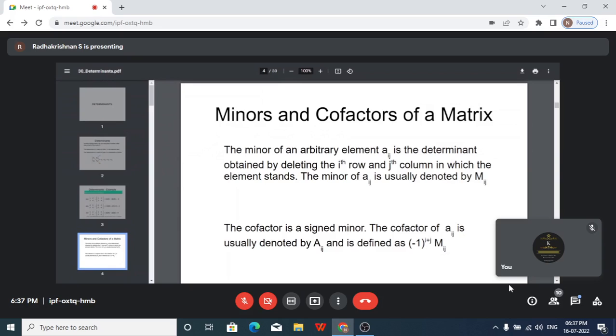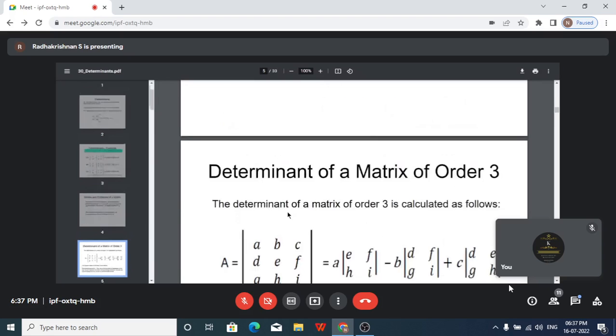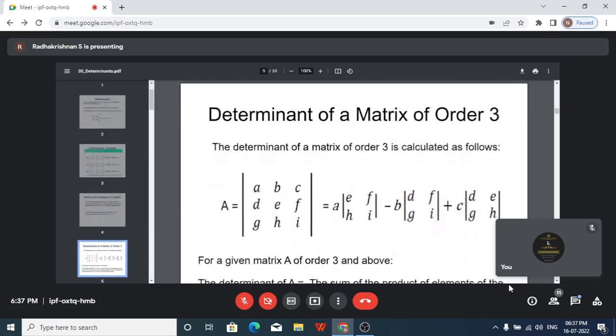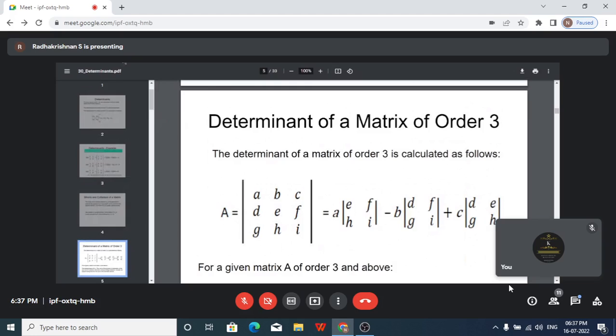Okay, so you multiply the minor value by minus 1 to the power of i plus j, you get the cofactor. Okay. So now the determinant of a matrix of order 3 and above will be like this.